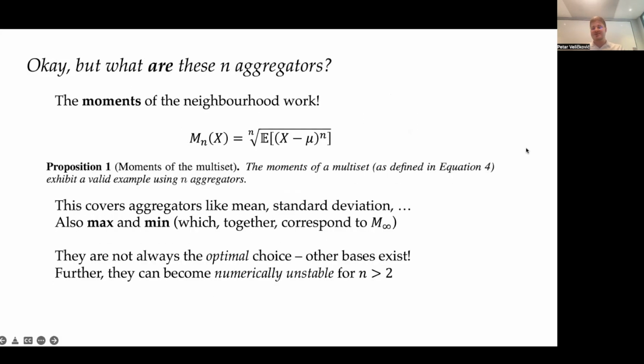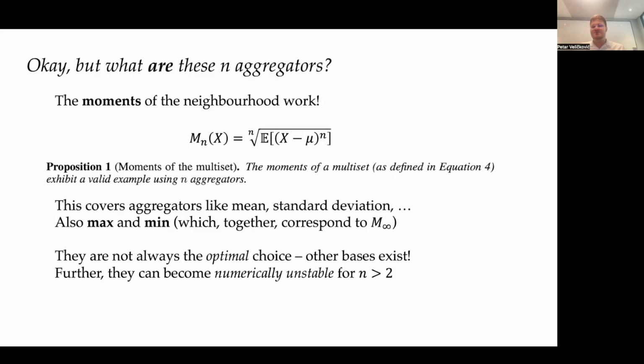And you might be asking yourself now, okay, so I told you that to distinguish general neighborhoods with continuous features, you need at least n aggregators. So do we have any idea on what those n aggregators are? Well, in the same paper, we actually prove that the moments of the neighborhoods work. So you take the expected value of the nth power of the difference from the mean, and then take the nth root of that to get the nth moment.